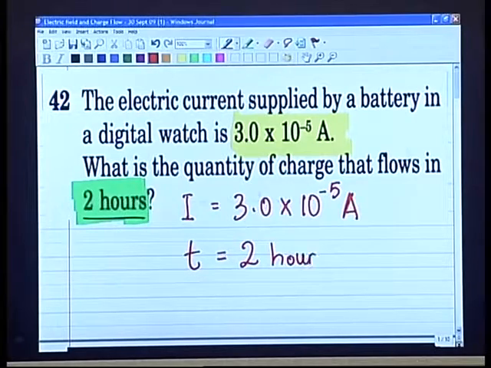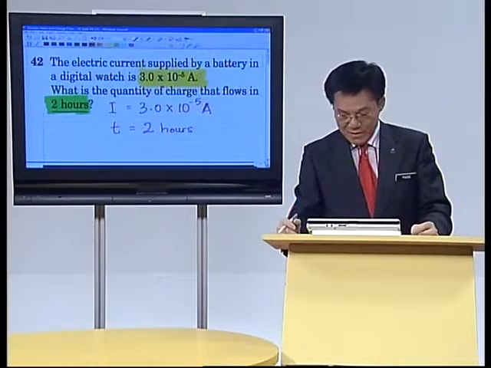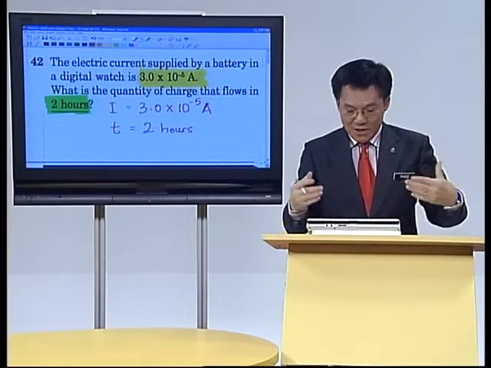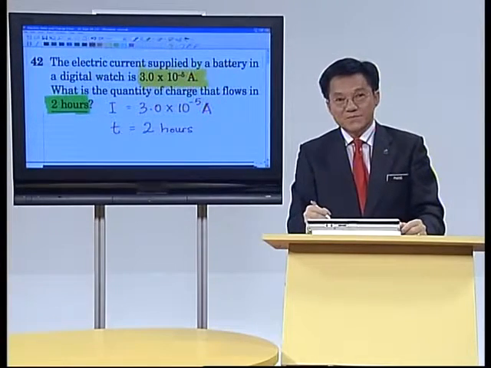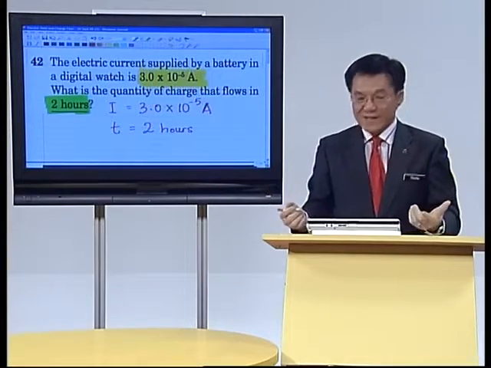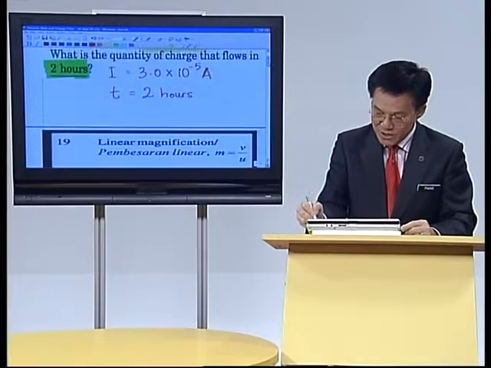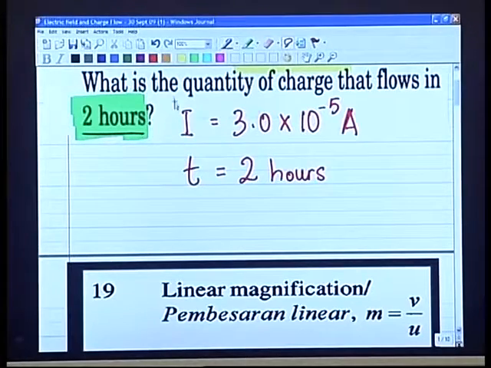Now, these are the only two quantities that are given. So, what do I do to calculate the quantity of charge? We need to look at the equations that are given. That is one of the methods. All right, let's take a look at the equation.